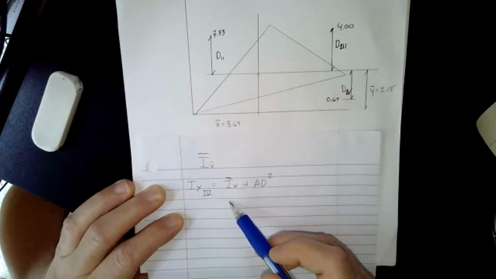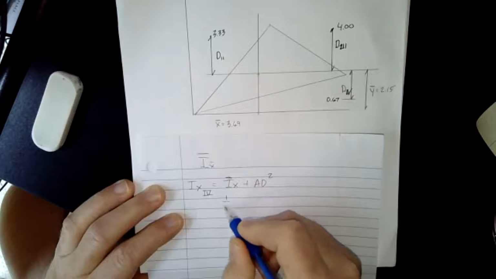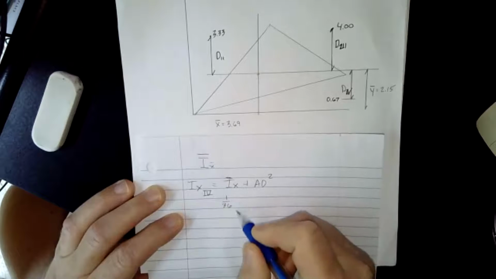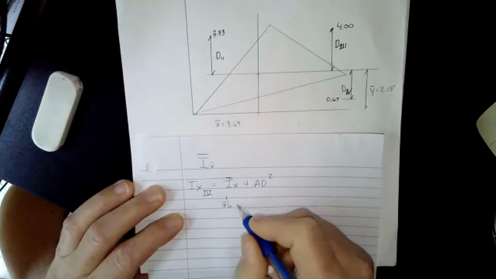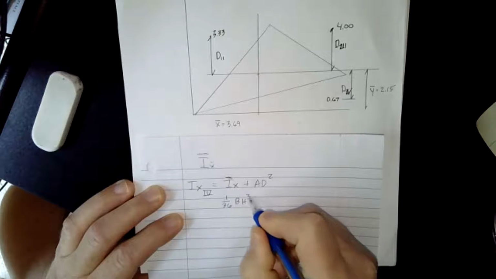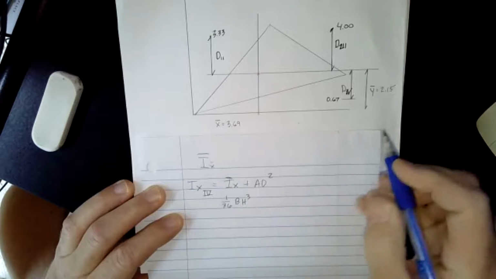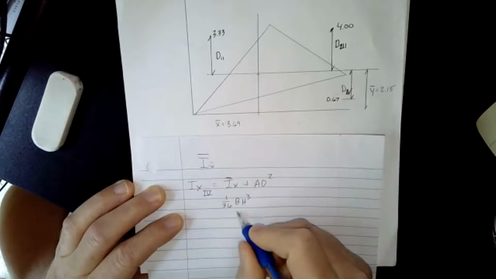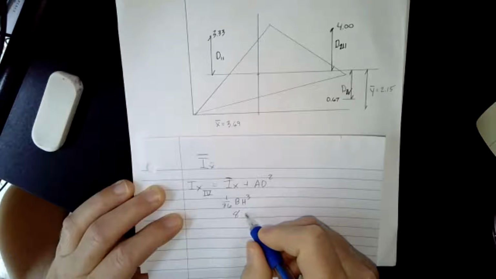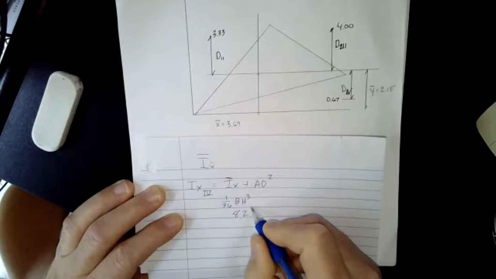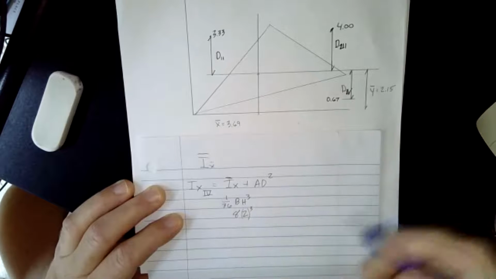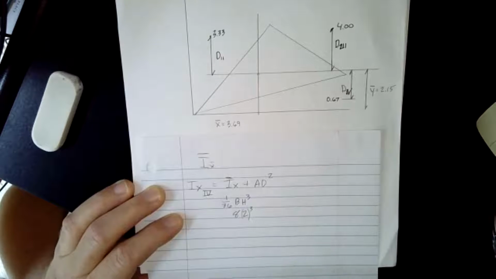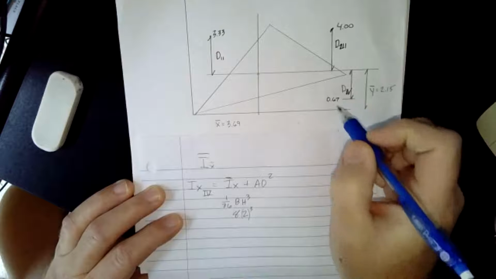So what we do then is we just replace this with 1 over 36 b h cubed, where we know that the base in this case is 8 and the height is 2 based on our drawing. I'll show you the same problem with all the numbers in it, but I'm just using this one particular one just to show you.